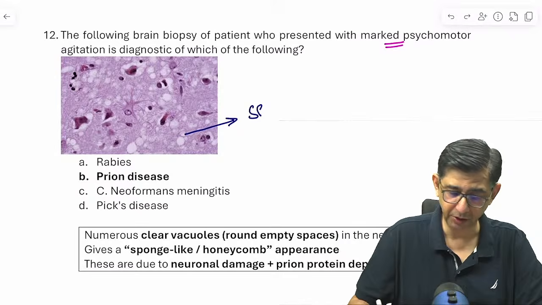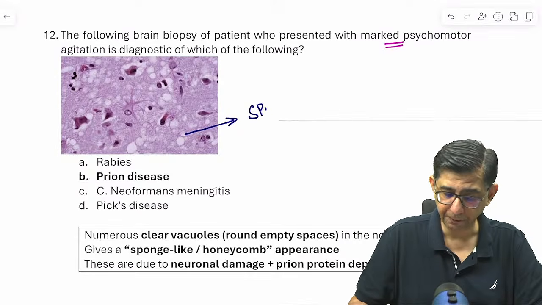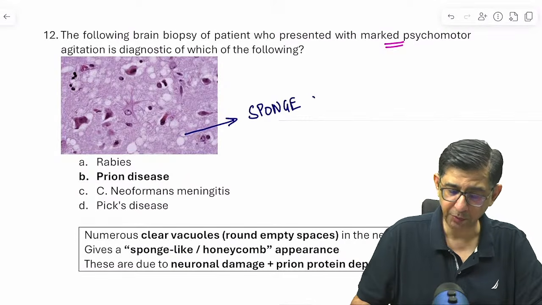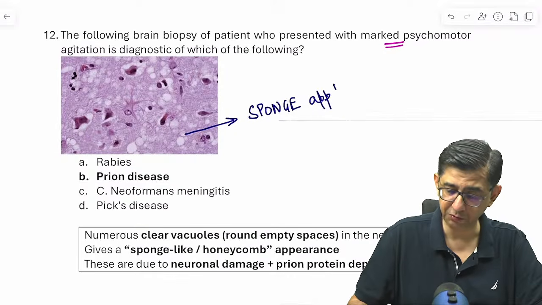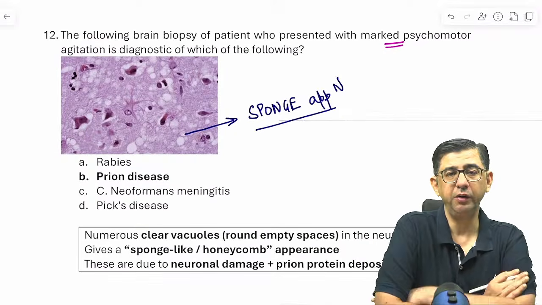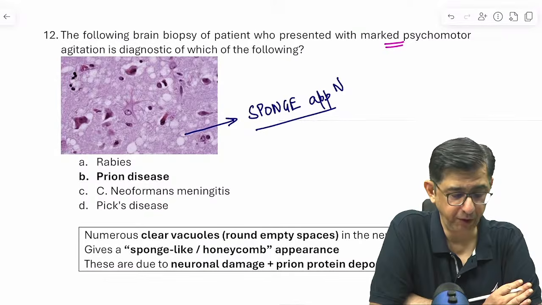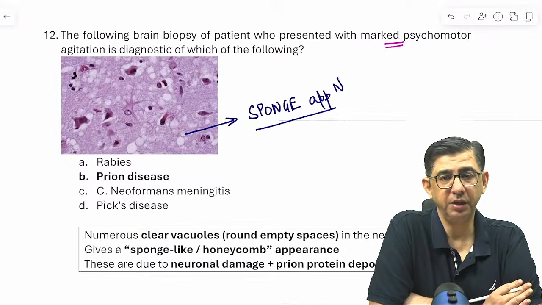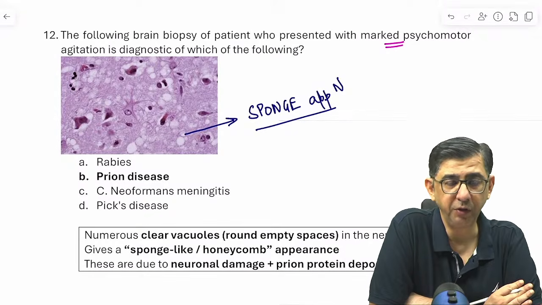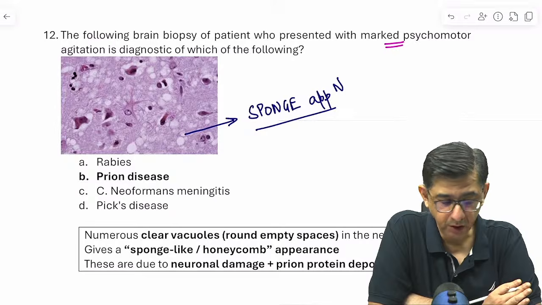Marked psychomotor agitation can be seen with both, right? It is the sponge appearance of the brain parenchyma that is why we call it spongiform encephalopathy. So don't get biased by the words psychomotor agitation and say the patient was aggressive, so it is rabies. We need to mainly check the brain parenchyma.